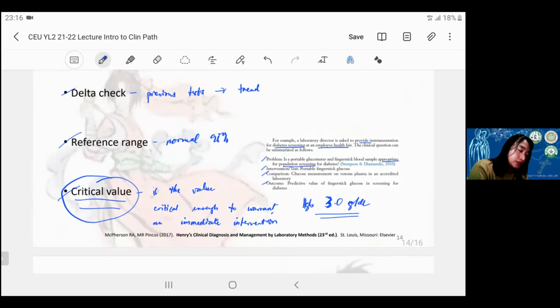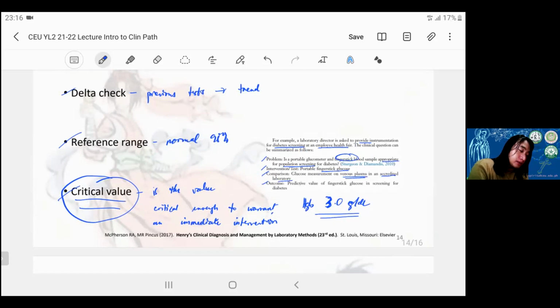So the intervention here would be the finger stick glucose. And then we compare it with the gold standard usually, or a more established test. So here it was compared to a plasma glucose determination of an accredited laboratory.